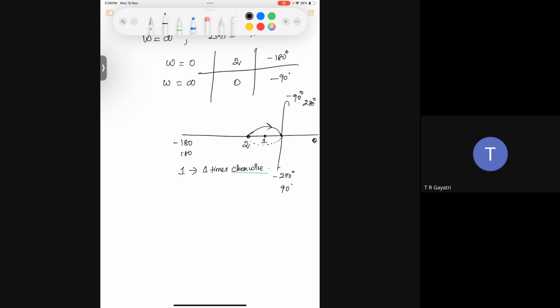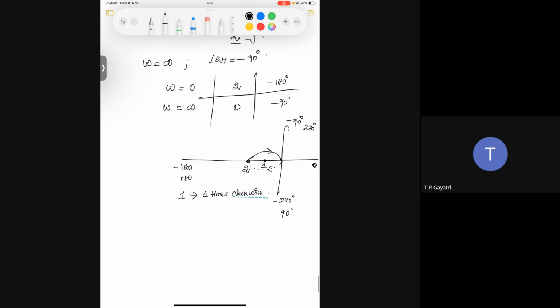So your Nyquist would look something like this. It is circulating minus 1 in the clockwise direction once. Right? So your N would become 1.